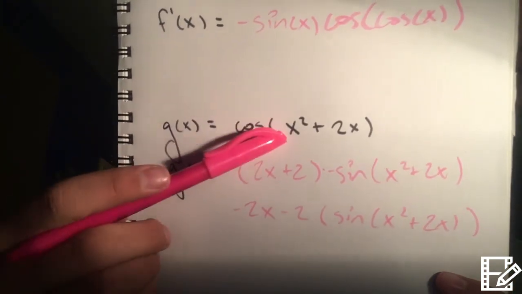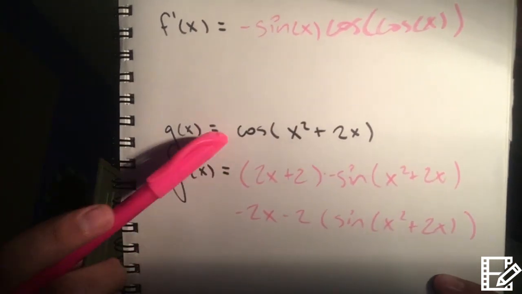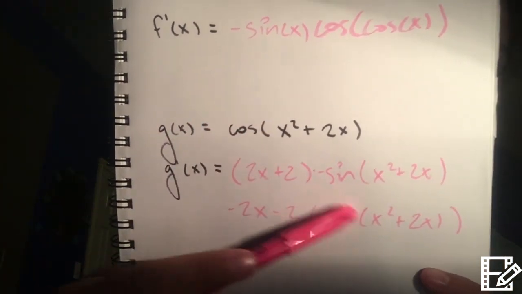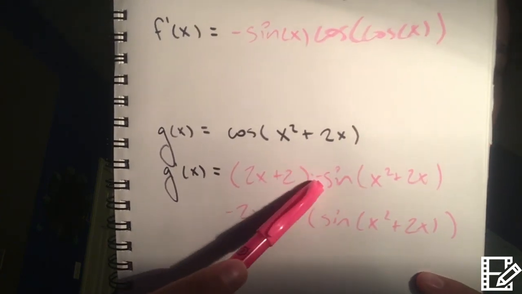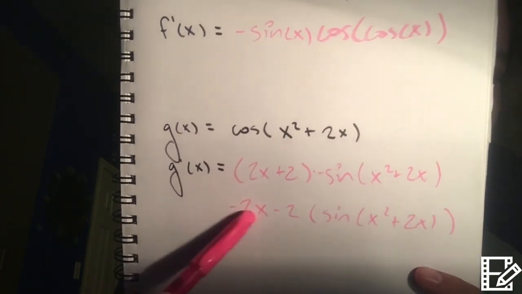When you simplify that out, it would be negative 2x minus 2 times the sine of x squared plus 2x. The derivative of the inside is 2x plus 2, the derivative of the outside is negative sine, and keep the inside the same. I took the negative and distributed it out here, and then put those in parentheses.